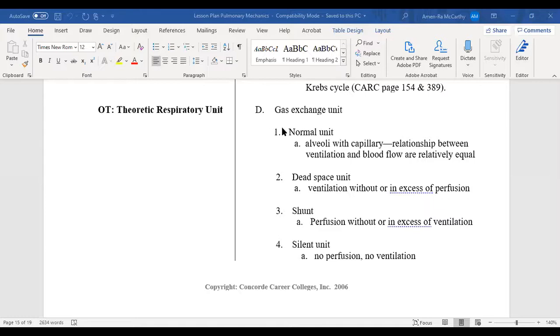It's still a dead space unit because the ventilation is in excess, way more than it should be compared to perfusion, all right? So the proper definition is dead space is ventilation without or in excess of perfusion. Shunt is perfusion without or in excess of ventilation. And then the silent unit is simply no perfusion and no ventilation.